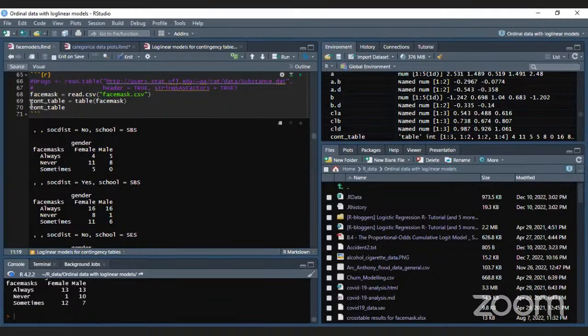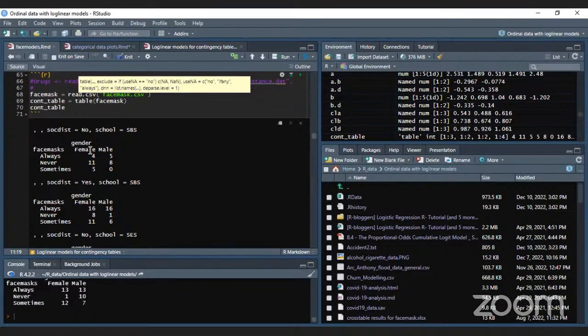So we have this table. We break all of this into 2 dimensions, picking one and the other, 2 categorical variables. You can see face mark, that's the use of face mark: people that use it always, people that never use it, and people that use it sometimes. These are students.